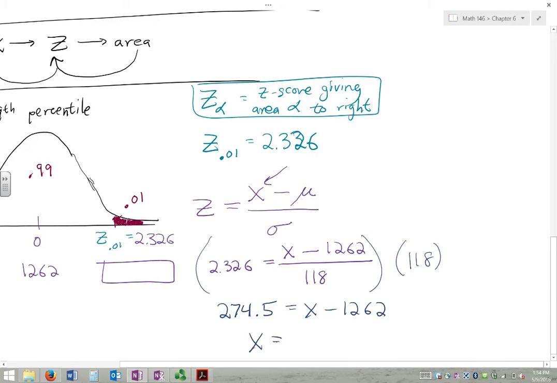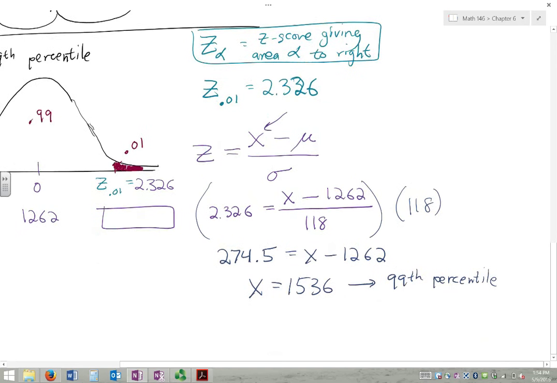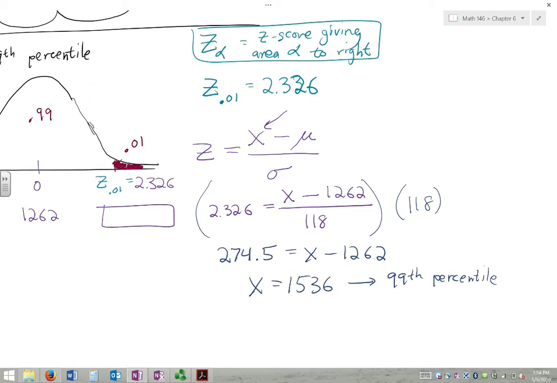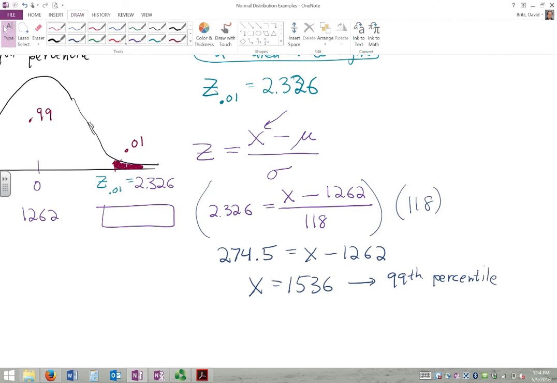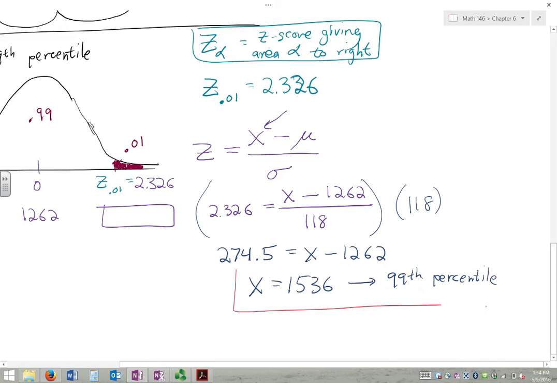When we add 1262 to both sides, we can even round this off to the number 1,536. This is going to be the 99th percentile. Meaning if you take these 18-ounce bags, about 1% of them will have more than 1,536 chips. The other 99% will have roughly less than that amount.